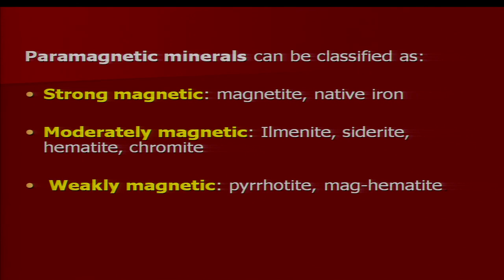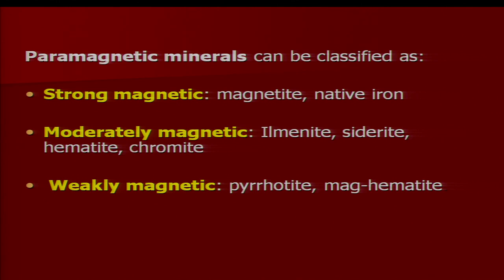Under the first category of strongly magnetic minerals fall magnetite and native iron. Moderately magnetic minerals include ilmenite, siderite, hematite and chromite, whereas weakly magnetic minerals include pyrrhotite, magnetite and hematite.